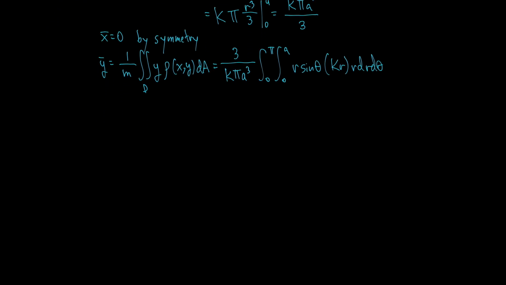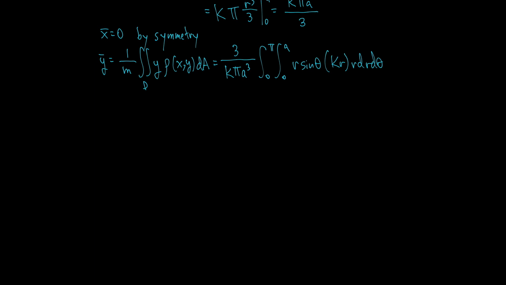Okay, let's keep going. So this becomes 3 over pi a cubed times the integral from 0 to pi of sine of theta d theta times the integral from 0 to a of r cubed dr. Because again, we have separate functions of r and theta, so we can split the r integral.